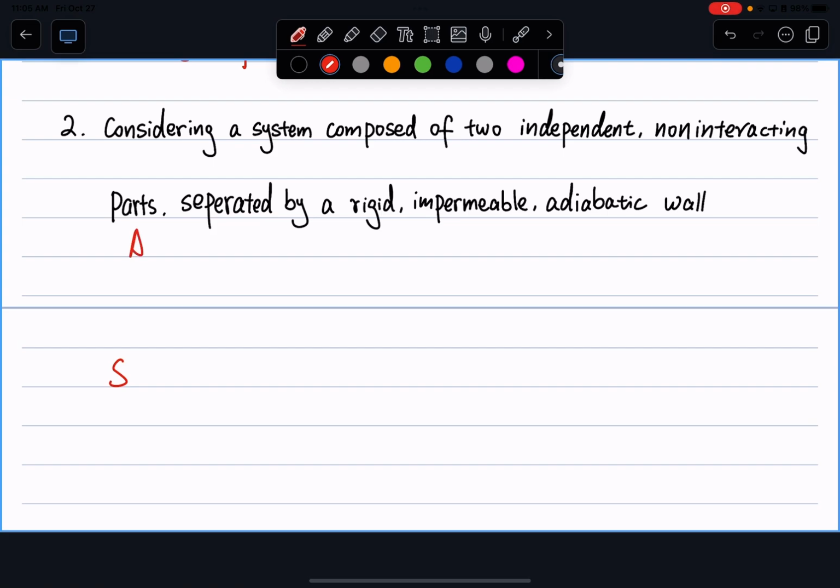Let's say these parts are A and B. Your entropy of the entire system, S of A plus B, equals the entropy of A plus the entropy of B. They're separated, but the total entropy is the addition of these two parts.